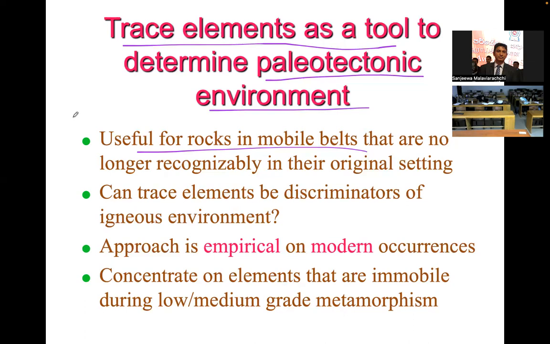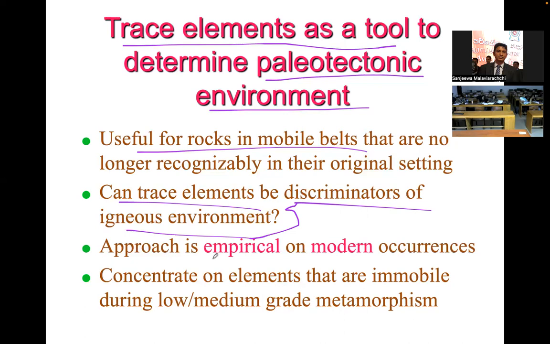Okay, so people have tried to find out whether these trace elements can be discriminators of igneous environment. That means the previous igneous environment can be implicated from these trace elements. People have done some experiments and they have found that yes, it is possible. So therefore, we call this an empirical approach.